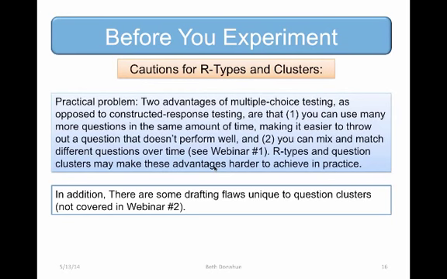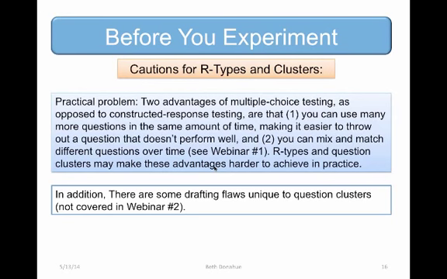A couple of cautions for R types and clusters, although they tend to perform as well as A types. There may be a bit of a practical problem for you. One of the advantages we talked about of multiple choice testing, as opposed to constructed response questions, is that you generally can have so many questions that it's not a big deal if you have to throw one or more out.